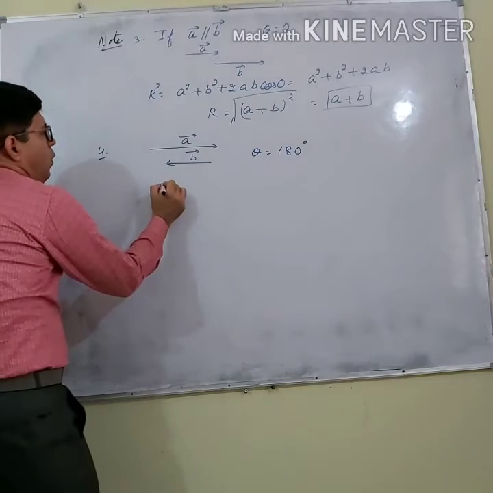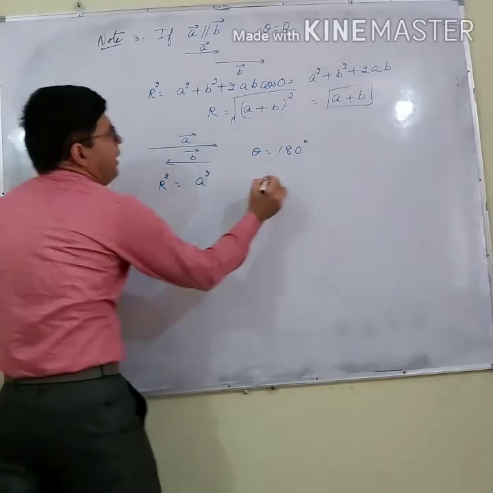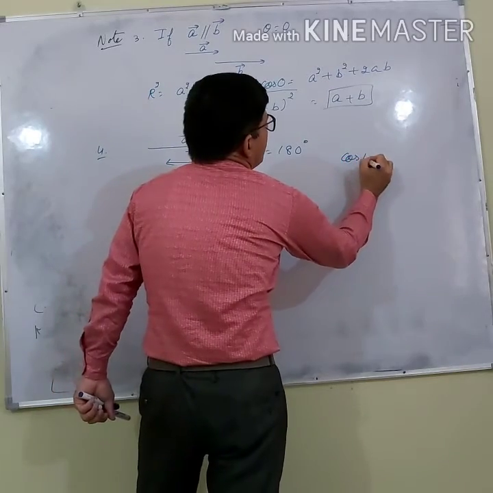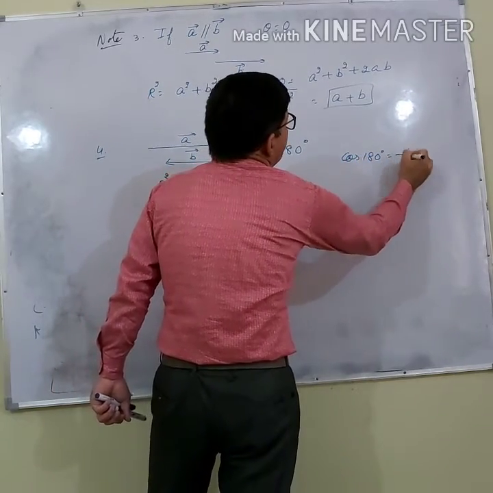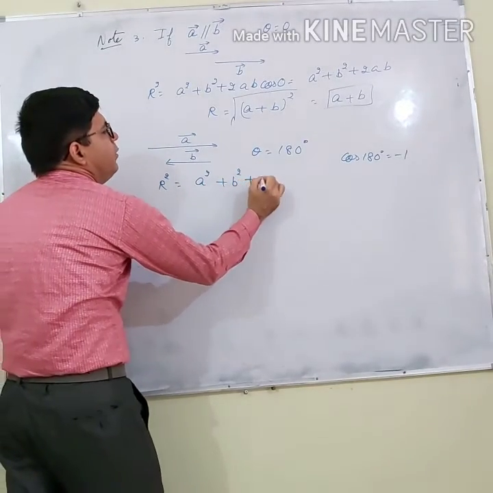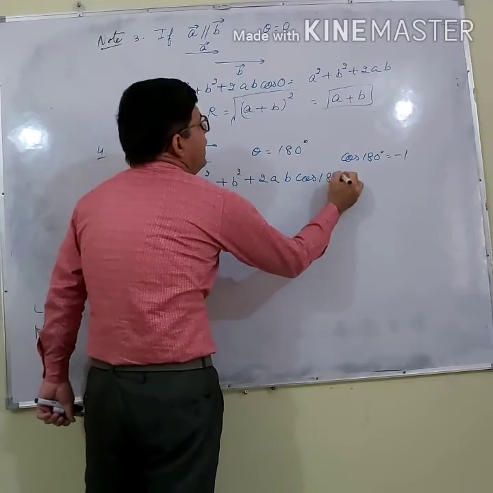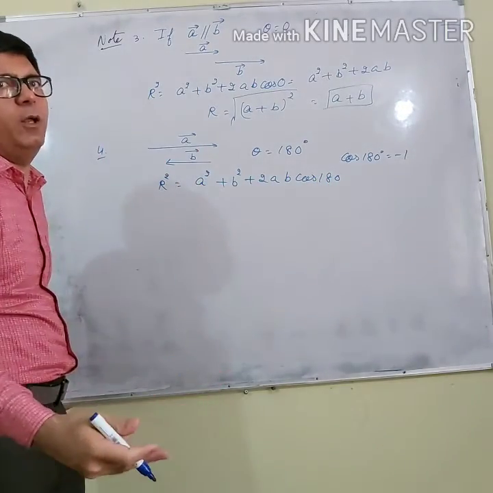So what will be R? Let us say R square equals A square plus B square plus 2AB cos 180 degrees, and remember cos 180 is minus 1.